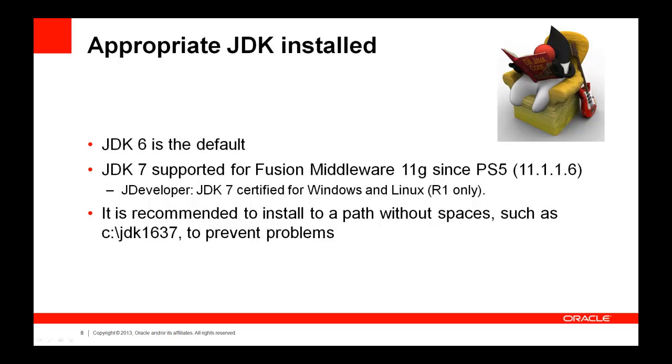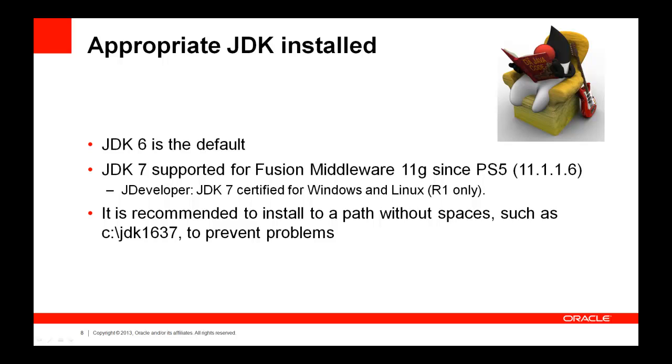JDK version 7 has been certified on the Windows and Linux platforms only. For Apple's OS X, you must use JDK version 6. This applies to Oracle JDeveloper 11G Release 1 only. For 11G Release 2, you must use JDK version 6, as version 7 hasn't been certified yet.